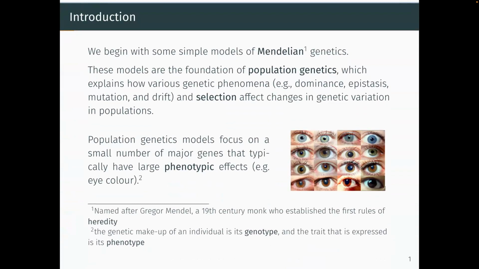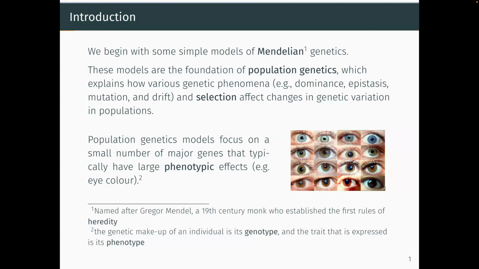Dominance, epistasis, mutation, drift, and selection affect changes in genetic variation, and how they affect the dynamics that we might see either at the genetic level or even sometimes at the phenotypic level as a result of those genes. Really, a lot of the time we're thinking about what we would refer to as major gene effects. So things that typically have a fairly large impact on phenotypes.